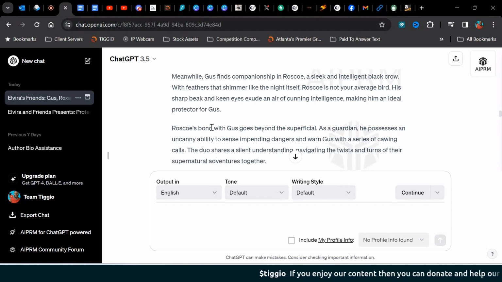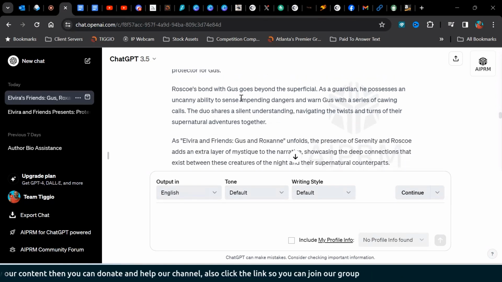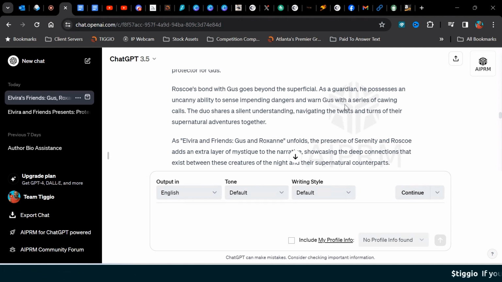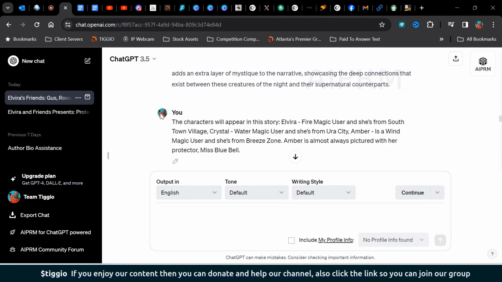His sharp beak and keen eyes exude an air of cunning intelligence, making him an ideal protector of Gus. Roscoe's bond with Gus goes beyond the superficial. As a guardian, he possesses an uncanny ability to sense impending dangers and warn Gus with a series of cawing calls. The duo shares a solid understanding, navigating the twists and turns of their supernatural adventures.